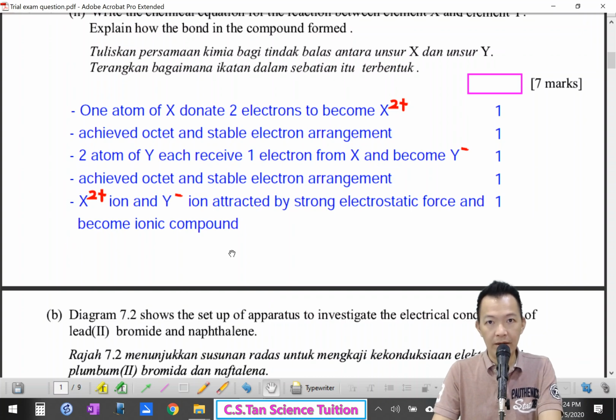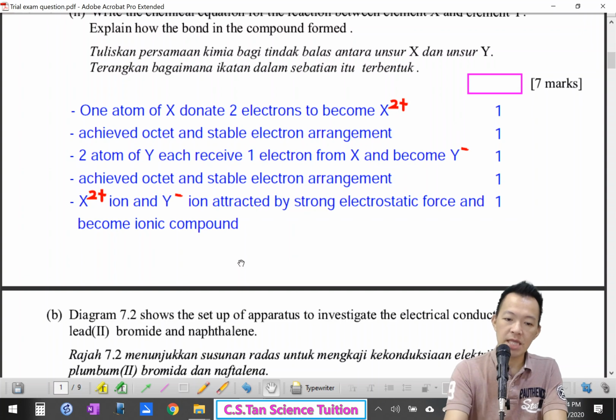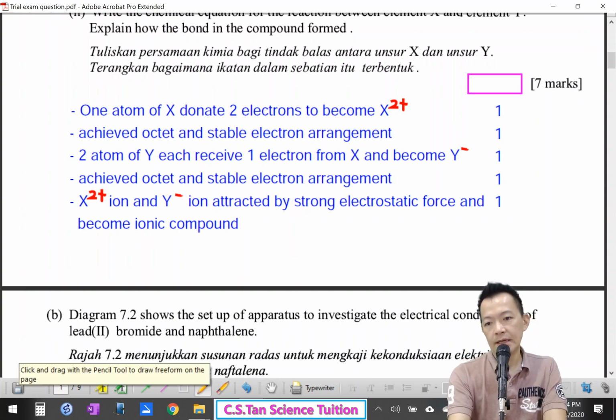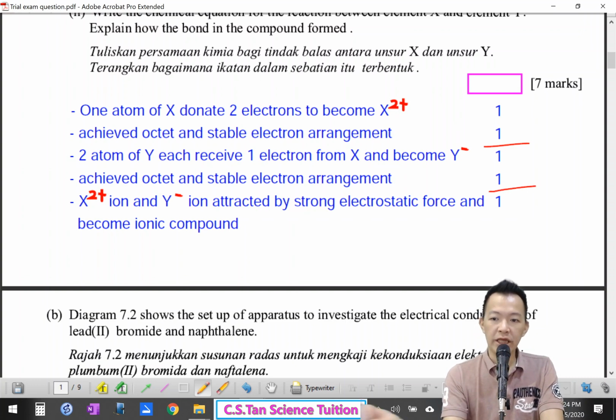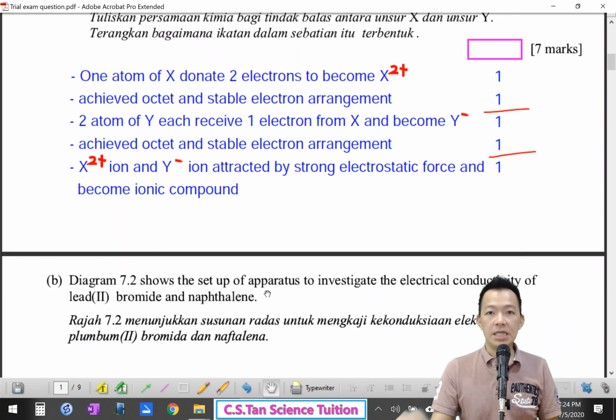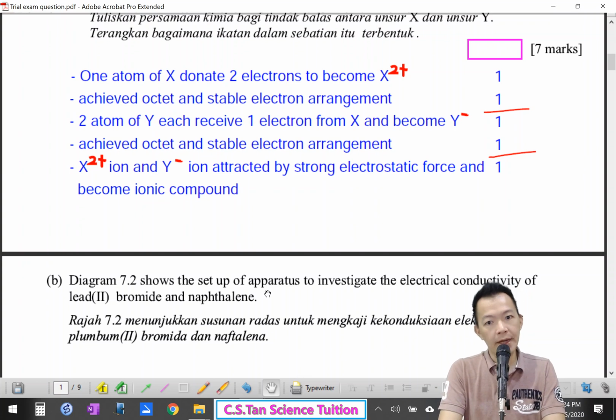So how to get your 5 mark? Standard 啦，标准的5分. Okay, you talk about positive ion first, you talk about the negative ion, and finally positive negative join together, you get your full mark, 你就拿到你的满分。先讲加，后讲减，然后连在一起就满分。Okay, so this is your question.